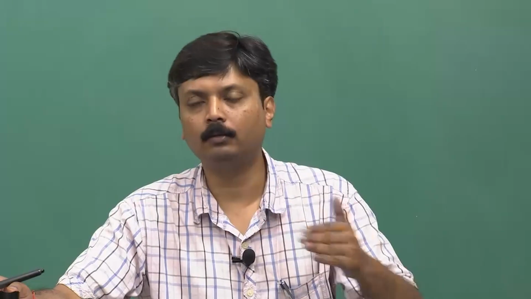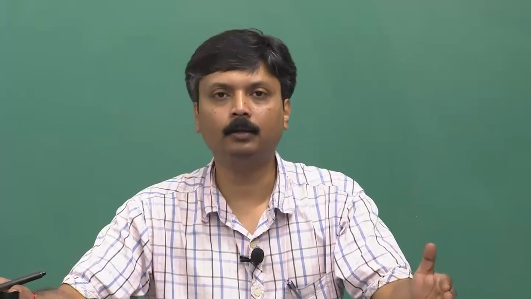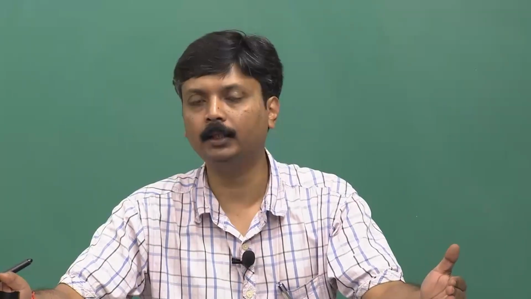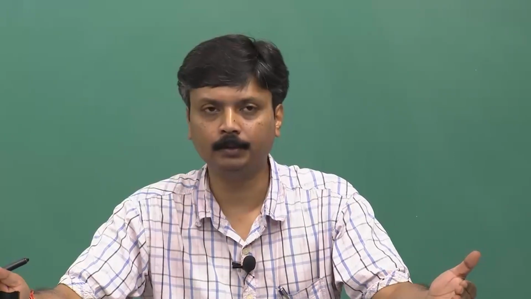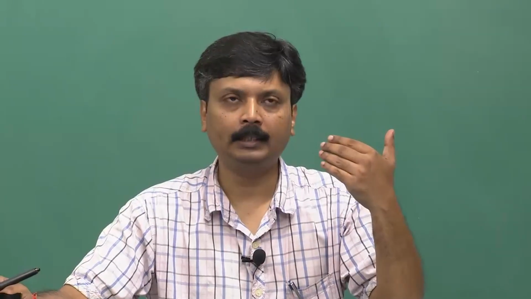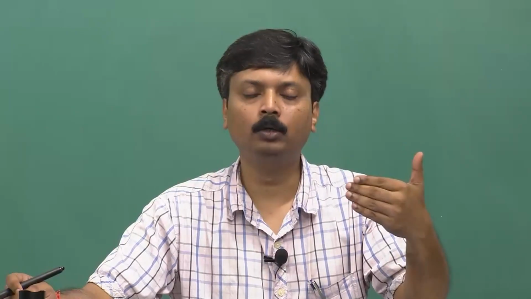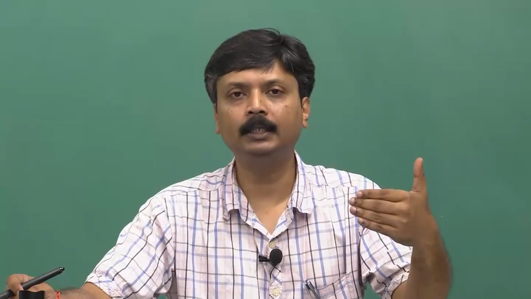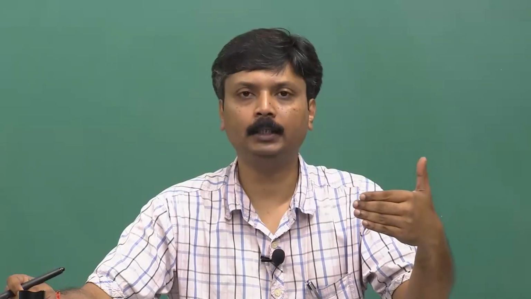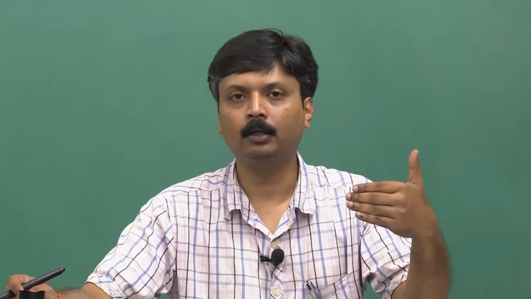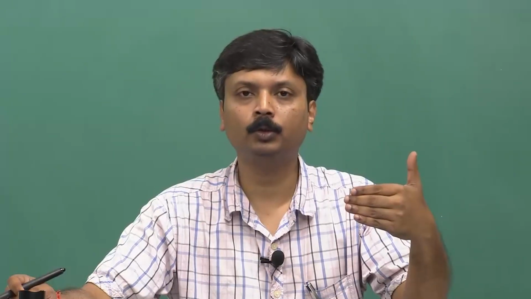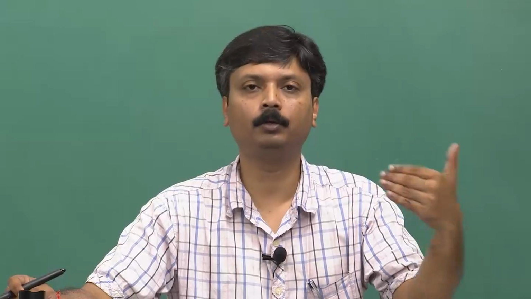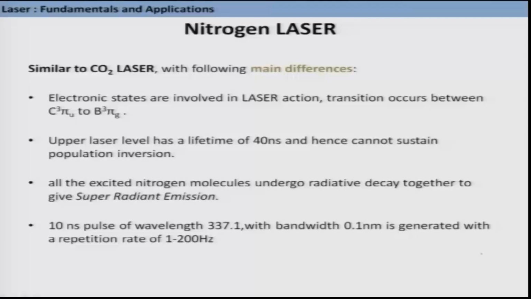This can be used for welding or cutting metals and all those things. So in metallurgy it finds tremendous applications. If you get access to a good machine shop or workshop, you will see that in many places these carbon dioxide lasers are used to do a lot of machining and micromachining.